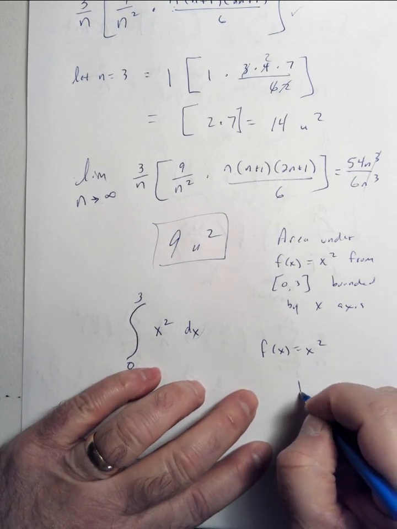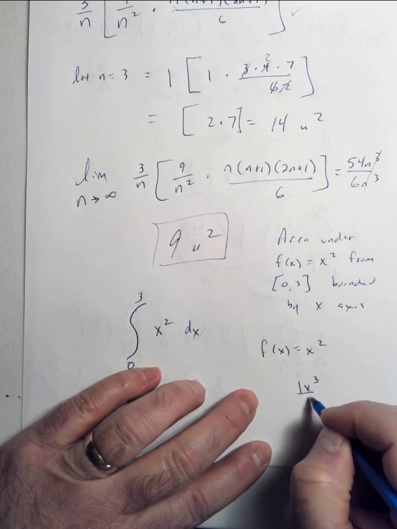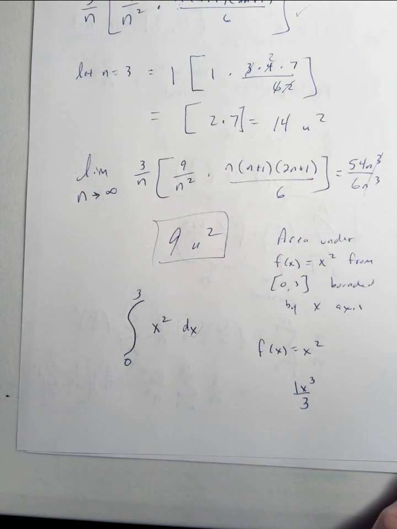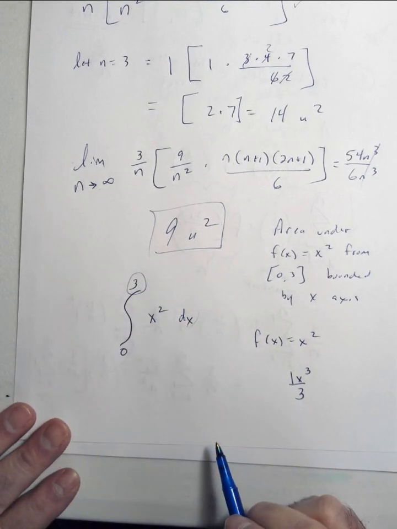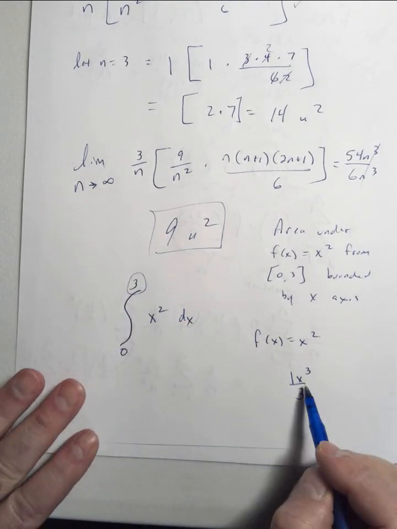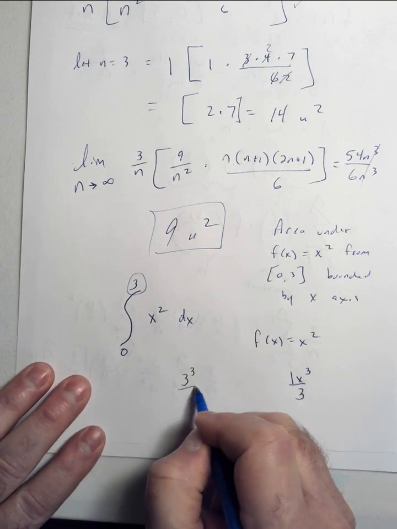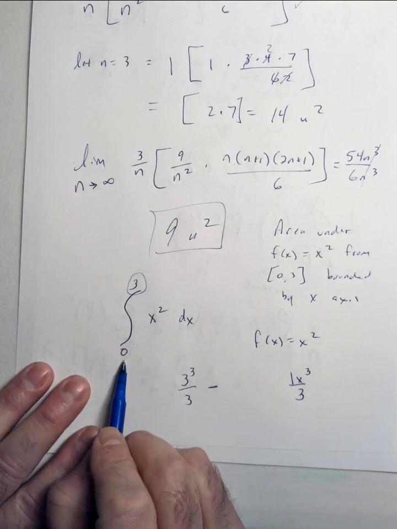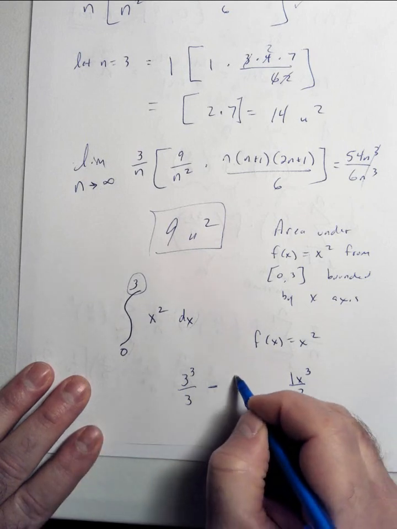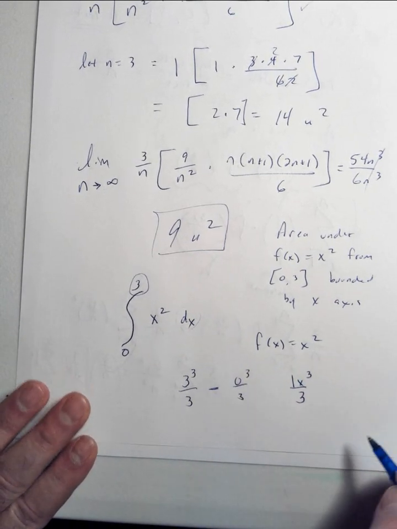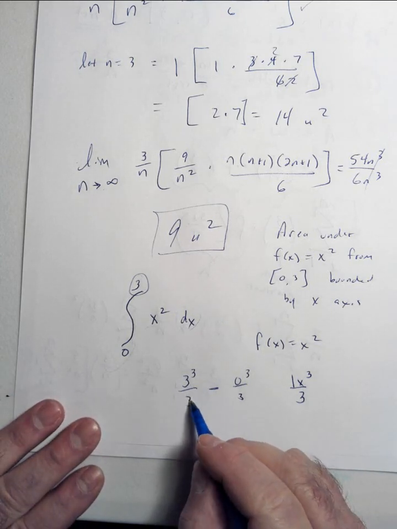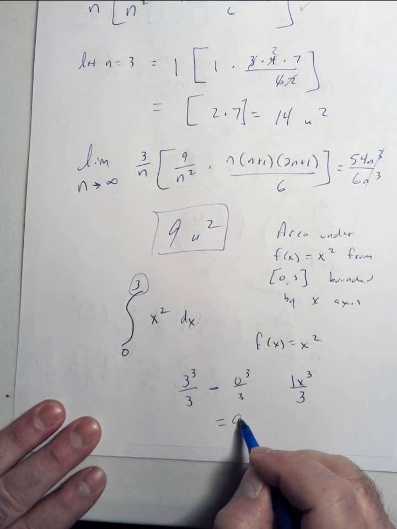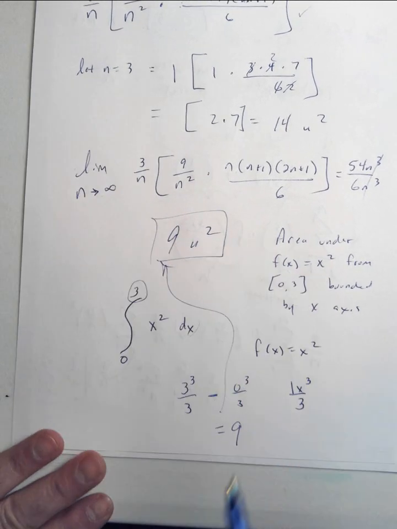So I have 1x to the third over 3. Then if I take my top number and plug it in, I get 3 cubed over 3, and I subtract my bottom boundary, 0 cubed over 3. I end up with 27 over 3, which is the answer.